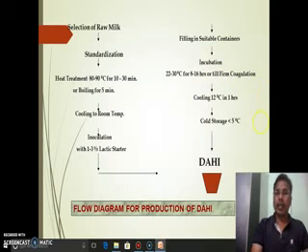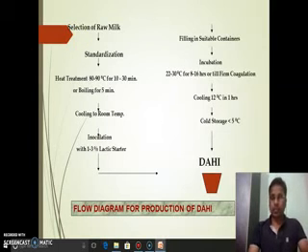Then cooling and cold storage at less than 5 degrees Celsius, and the final product, that is dahi. This is the way by which we can memorize the preparation of dahi, and you have to write all the points in sequence. So it will be very easy to explain each and every point given here in the flow diagram.